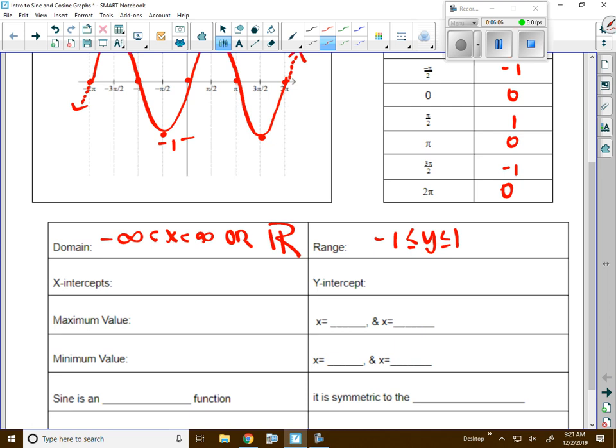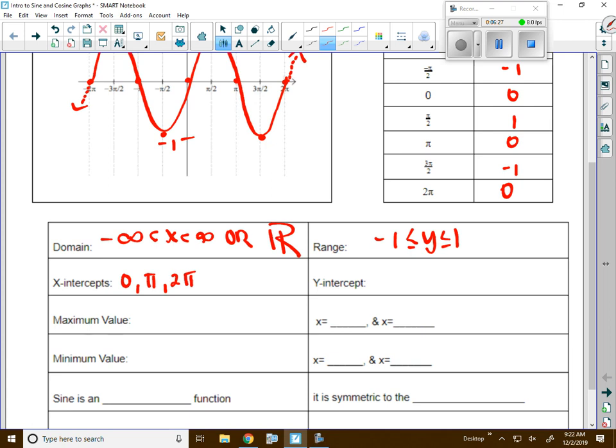Okay, tell me what you notice about our x-intercepts. It's like 0, and then pi, 2 pi.